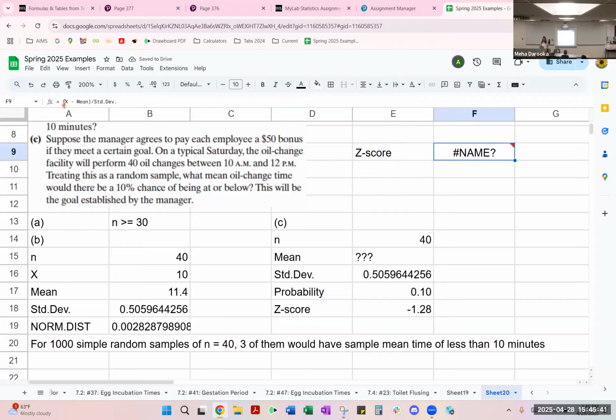So to reverse that, to find the mean, we would need to work backwards. You would have to take your z-score, and since you're dividing by the standard deviation, you of course end up multiplying by the standard deviation.